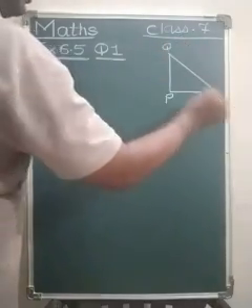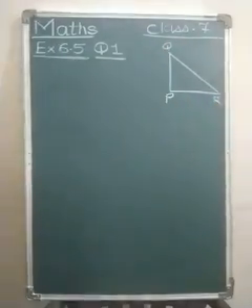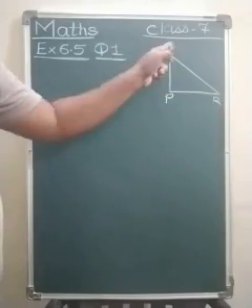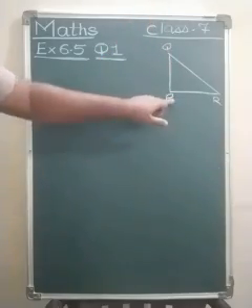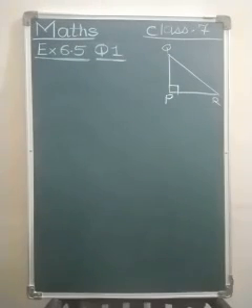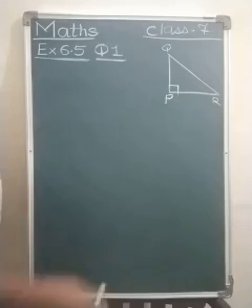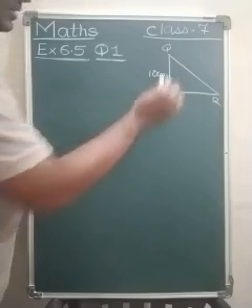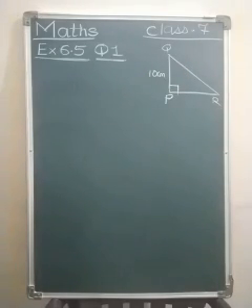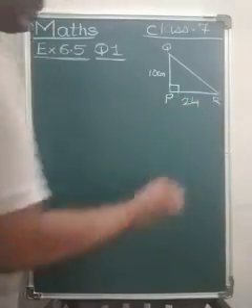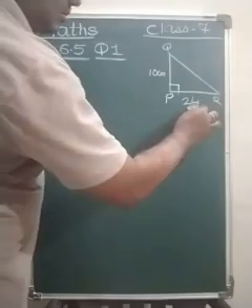So this would be Q, this would be R. But P should be at the 90-degree angle, that is the right angle. If PQ equals 10 centimeters, this is given already, and PR equals 24 centimeters.